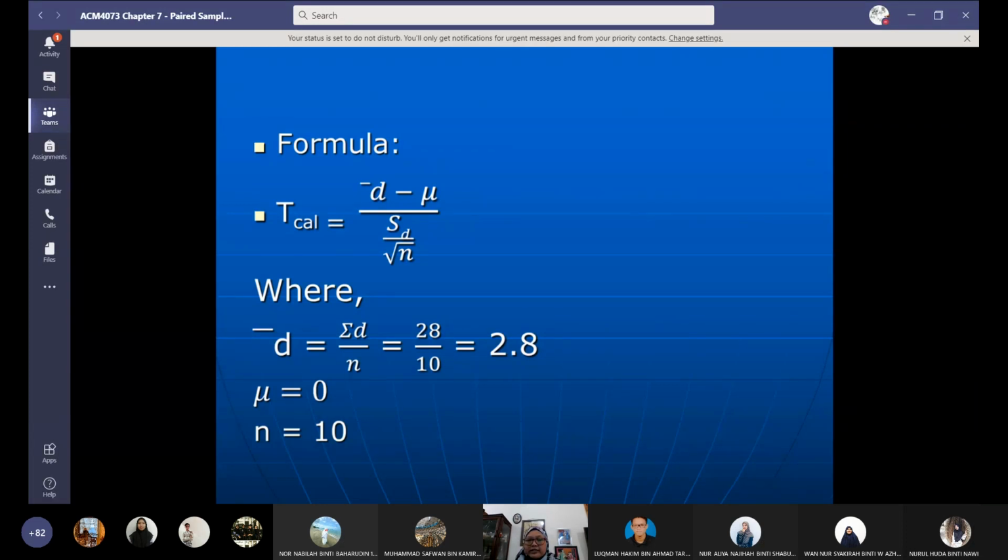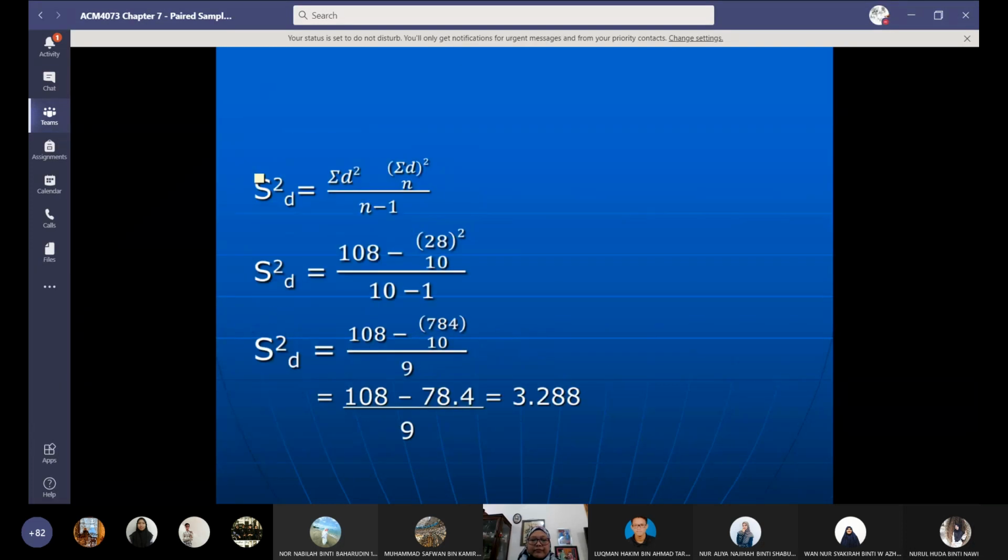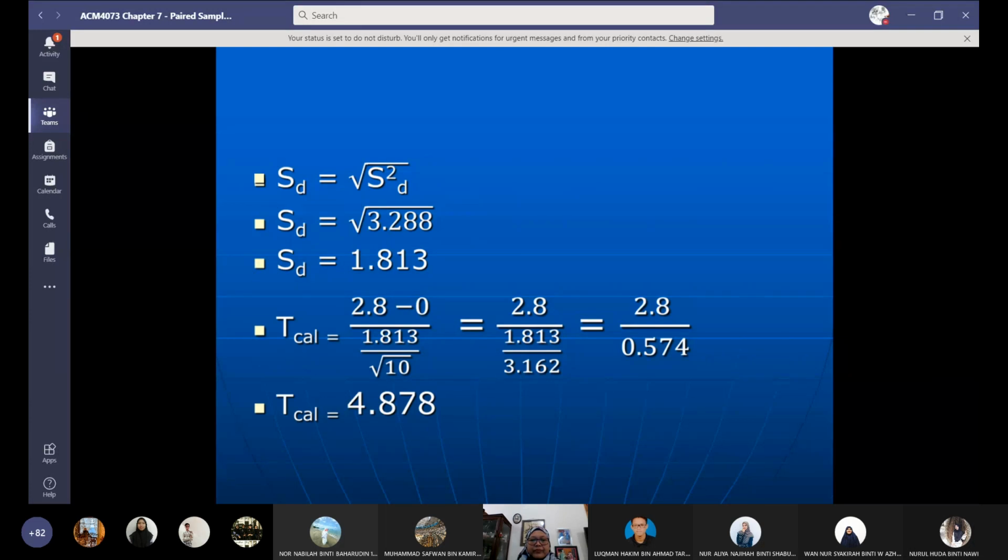What is the SD just now? It is 1.813 divided by square root 10. We do one by one. So 2.8 take away 0 is 2.8.